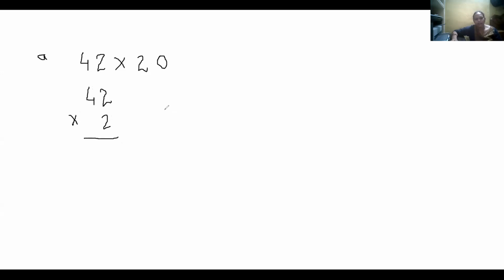And then I will tell you how to write the answer. 2 multiplied by 2 is equal to 4. 2 multiplied by 4 is equal to 8. So see, you have multiplied 42 by 2, so the answer is 84.